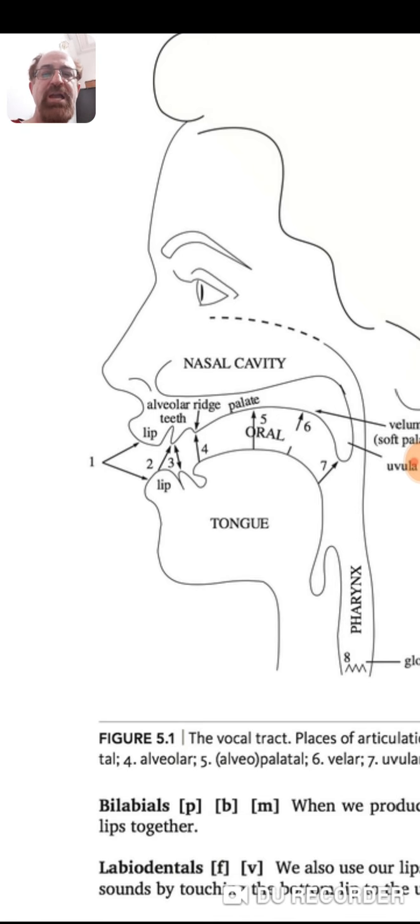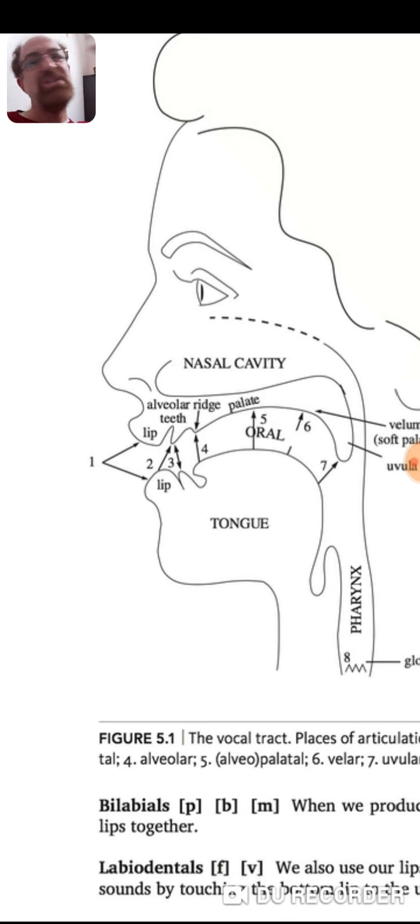The next area is number 5, which we call the palate. The palate and the central part of the tongue. The central part of the tongue goes up near the palate. What is the palate?